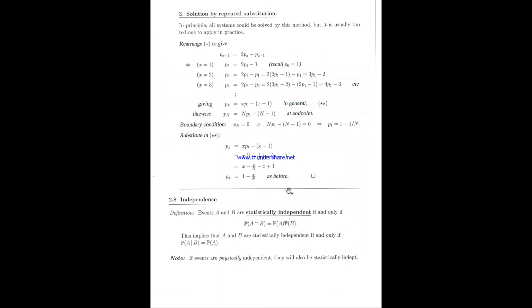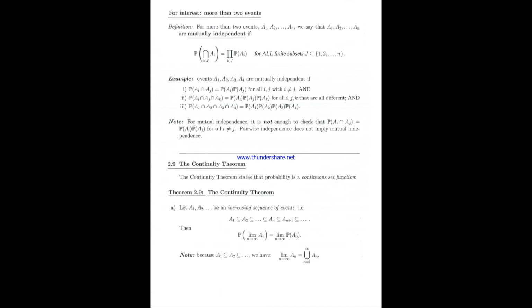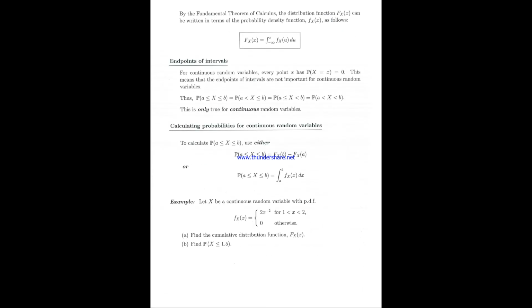When you simplify, you will end up with the same equation, that is Px is equal to 1 minus x over N. So this is what we discussed, the first step analysis in our previous lectures.